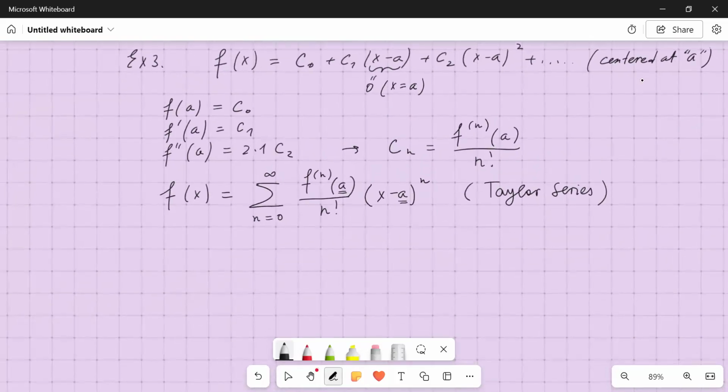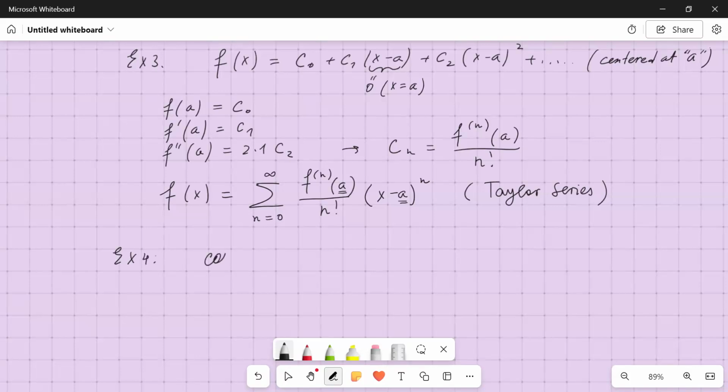Okay, well, we can probably calculate something not at 0. Maybe I'll do the cosine series, because I did not do the general Maclaurin series for cosine. I'm going to do cosine at a different point. So example number 4, I think. Number 3 we already have.